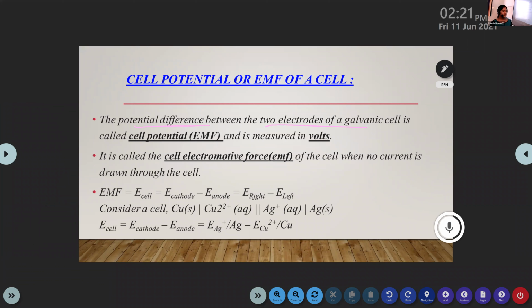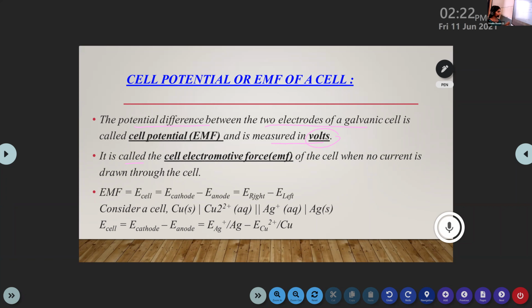Do not get confused between electrode potential and cell potential. Electrode potential means the potential difference between electrode and electrolyte. Here the cell potential is the potential difference between two electrodes, that is, between anode and cathode. And it is measured in volt. It is also known as cell electromotive force.